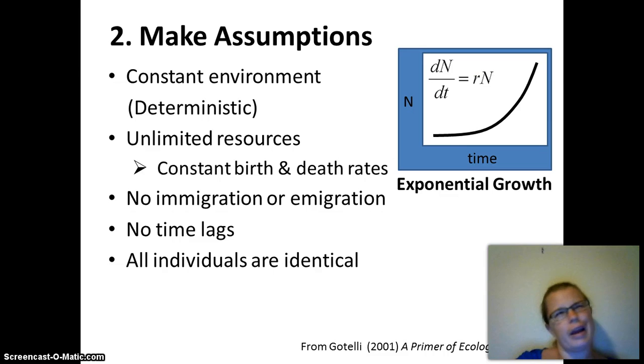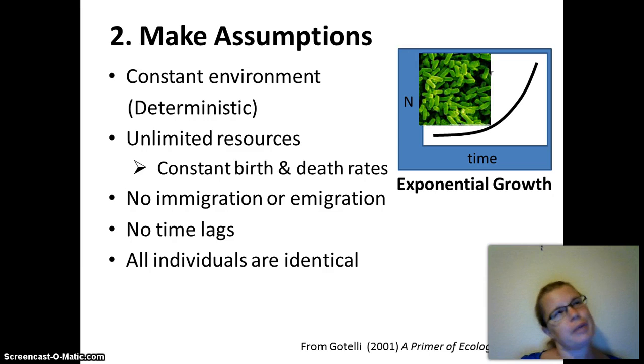So what kind of organisms do all these assumptions actually make sense for? Think about that one for a sec. Yeah, I'd say it pretty much only makes sense for bacteria. It's very unlikely that resources are going to be unlimited and that all individuals are identical.